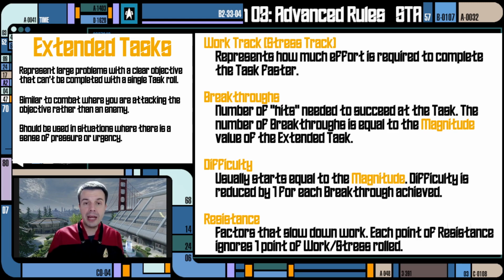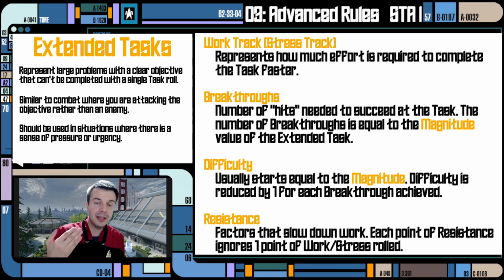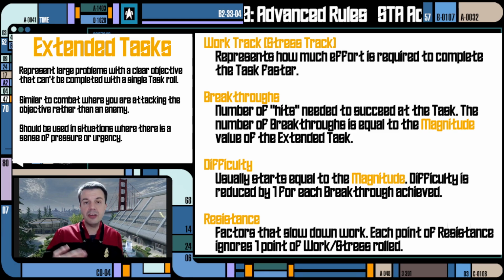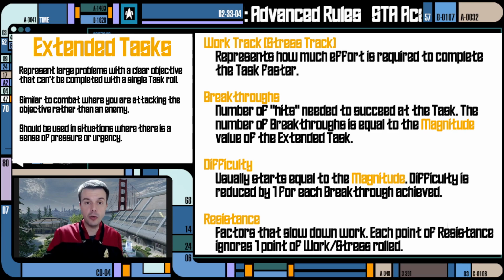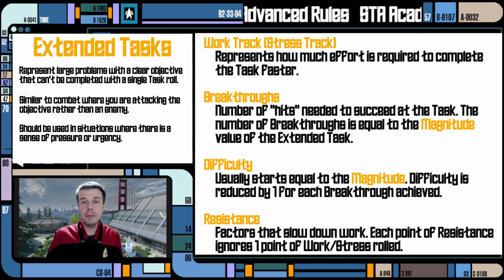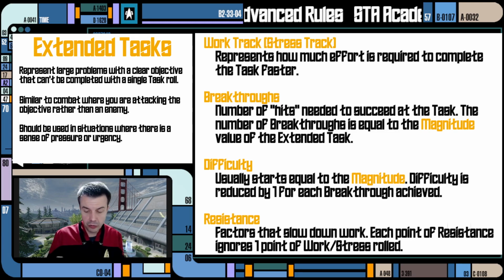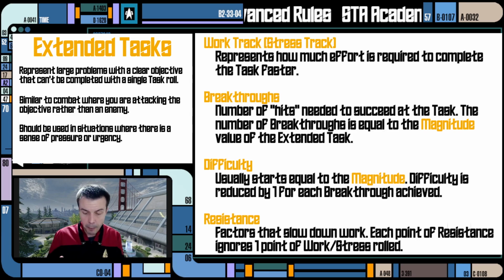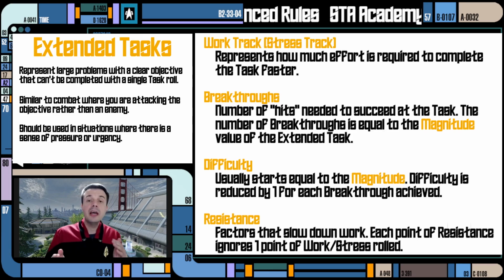You chip away at them and you can hit the target. So the more work you do, the easier it is to accomplish what you are doing. So the work track, look at them as shield points. The work track or stress track, whatever you want to call it. It's how much is involved in completing the task.